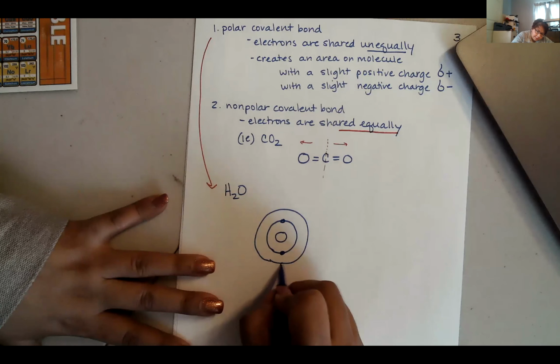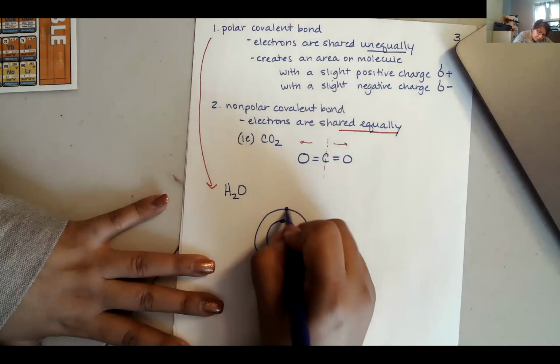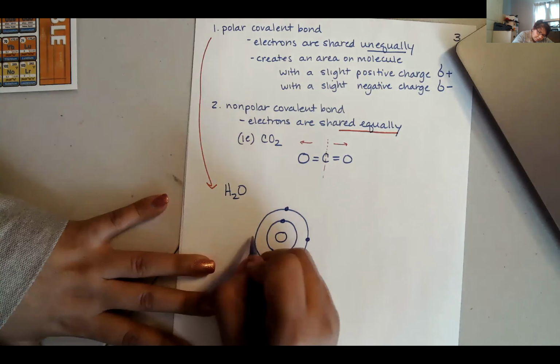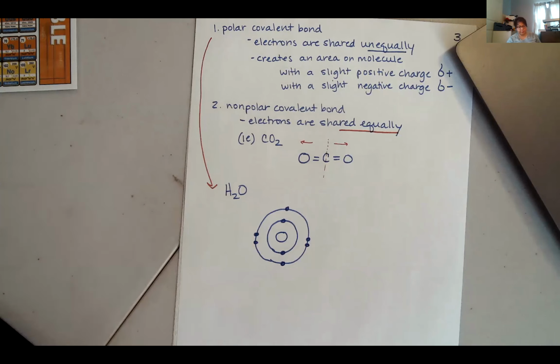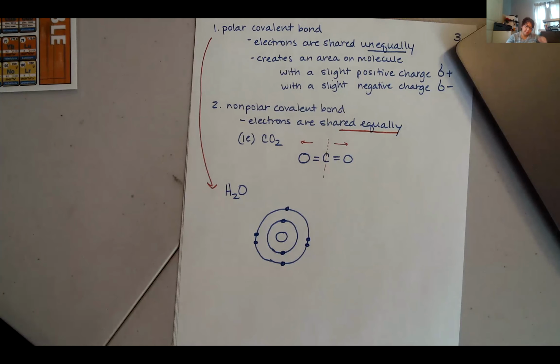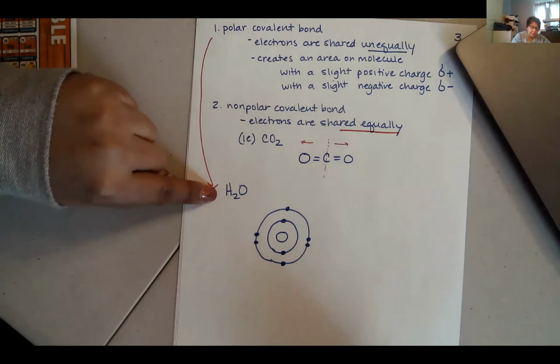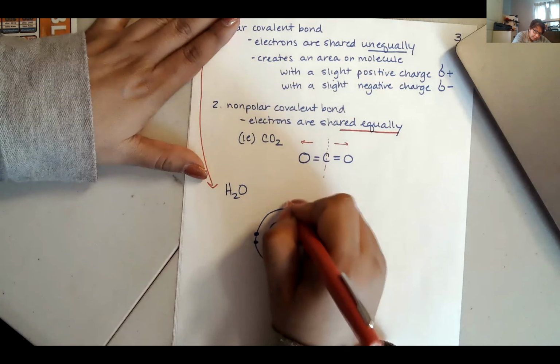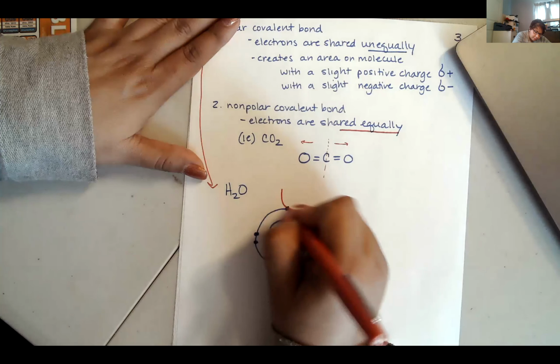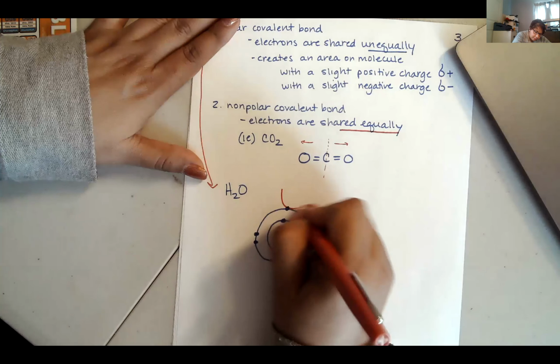And remember, it has 6 on the outside: 1, 2, 3, 4, 5, 6. And then hydrogen only has 1 electron apiece, and so it usually bonds just like this.